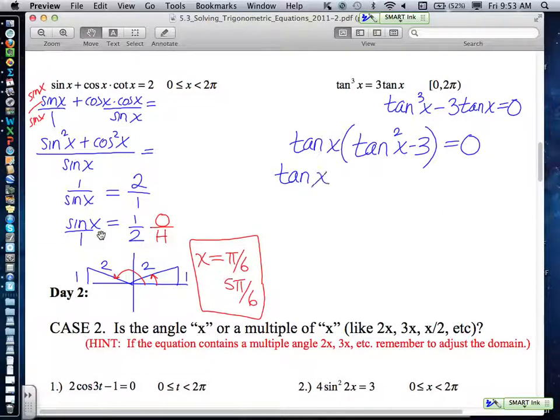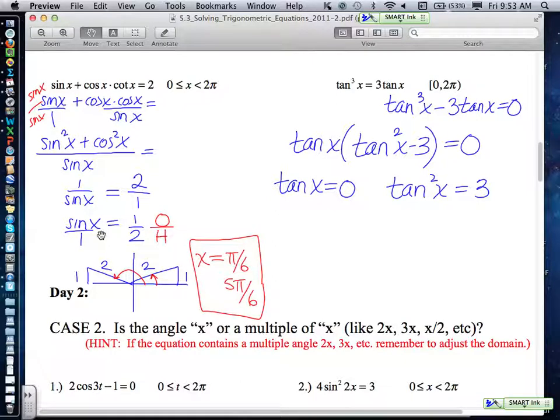So tangent x times, actually I'll just leave this. I think what I'll do right here, I'm just going to set it equal to 0. Hold on guys, we still have like 2 minutes. We have tangent x equals 0, or tangent squared x equals 3.